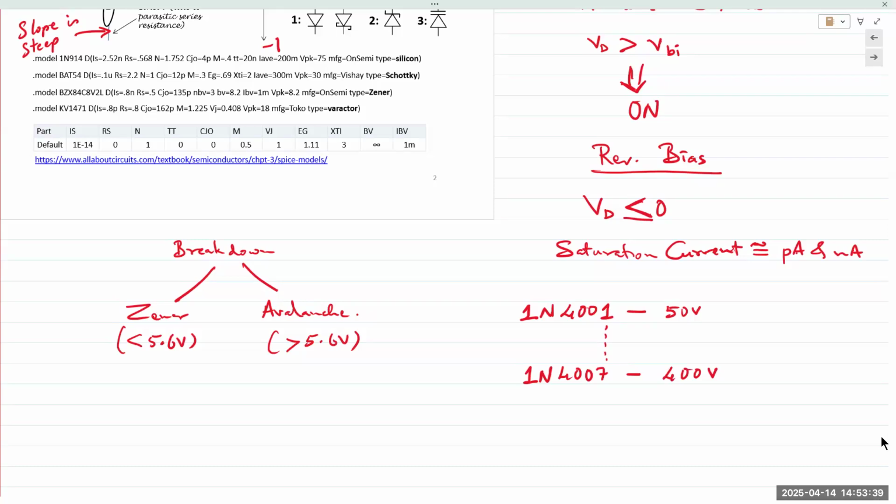Now, if you're looking at a diode that could break down at, let's say, 10 volts or 15 volts or 20 volts, the mechanism that causes this to happen is known as avalanche. Due to the specific amount of doping, you have certain charge carriers present. When you apply reverse bias, you're expanding the junction barrier, the depletion region.